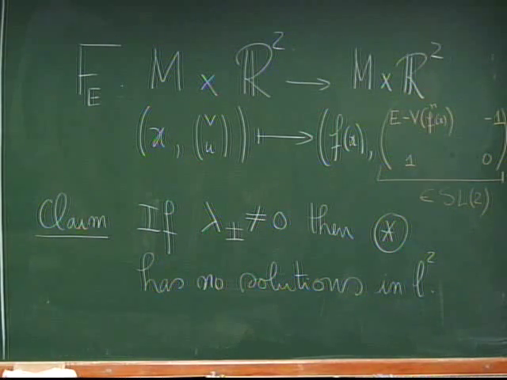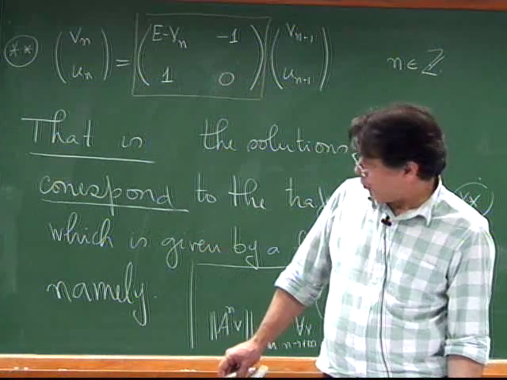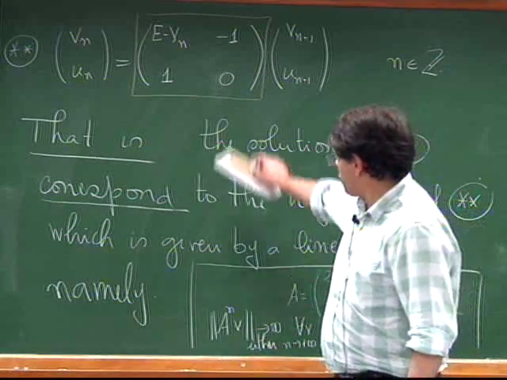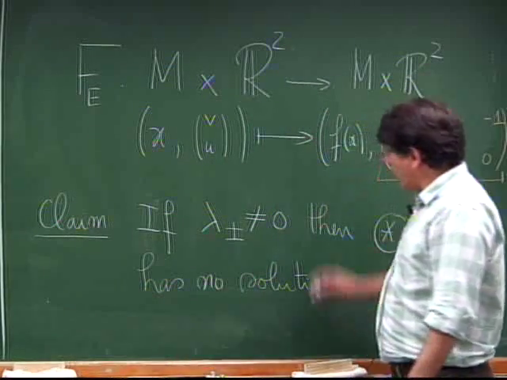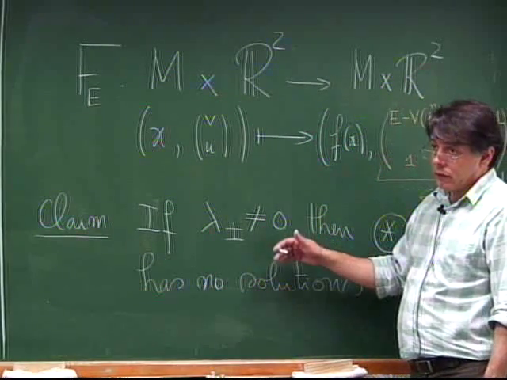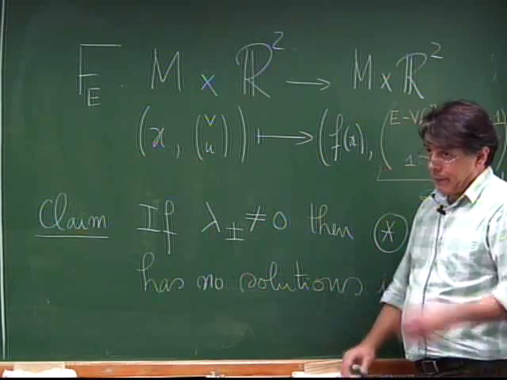So we can construct trajectories for each energy, right? For each energy, we have a different linear cocycle, F_E, with different trajectories, and whether the exponents are 0 or not depends on the energy. Okay?